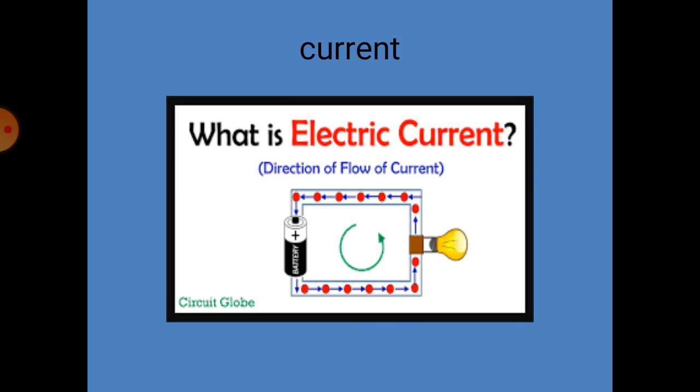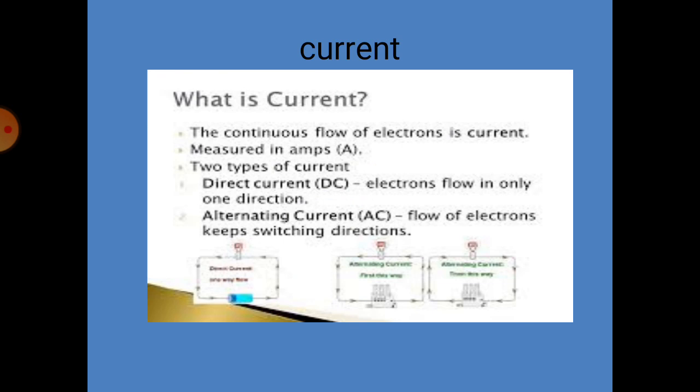The movement of electrons from source to load we can call the current. We can easily find this in the figure. So the flow of electrons is nothing but current, which is measured in amperes.